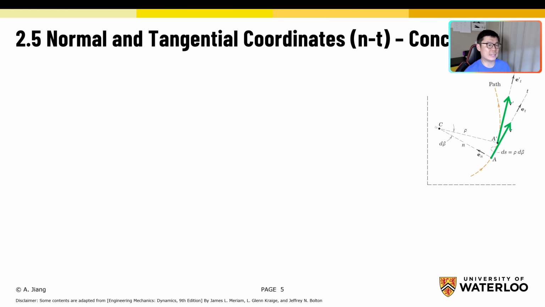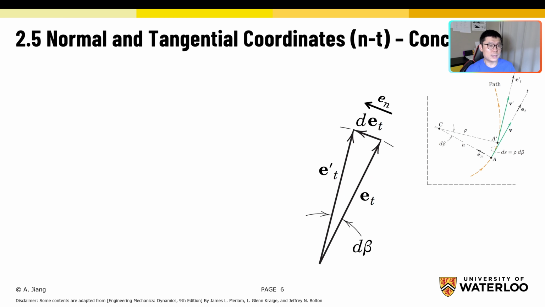Looking back at the diagram, we have tangential velocity at A and A prime, v and v prime. Since they are vectors, we can move them tail to tail. If we do so, we replace the velocity vector with a unit vector just to focus on the direction of the movement. Essentially, from A to A prime, our et becomes et prime, and the difference between these two vectors is d et, as shown on the diagram here.